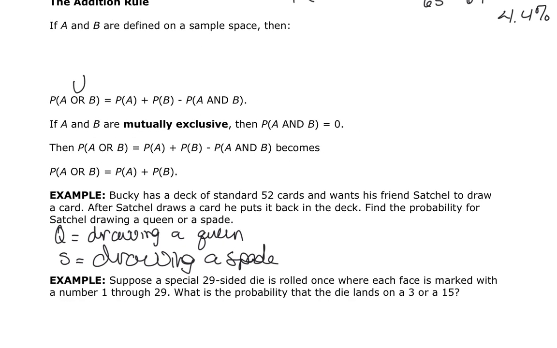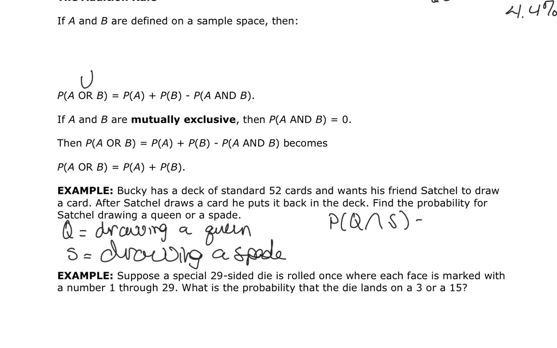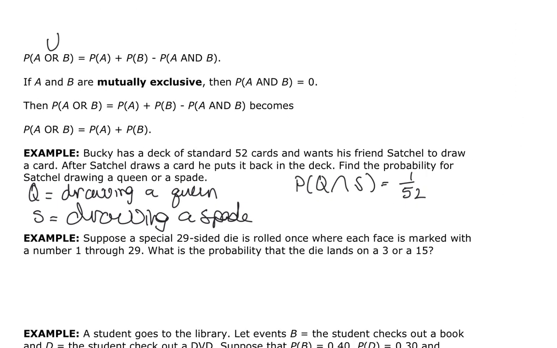So there is overlap. The probability of a queen and a spade is 1 out of 52, because you have one spade that's a queen, or one queen that's a spade. So these are not mutually exclusive, even though we have put the card back.